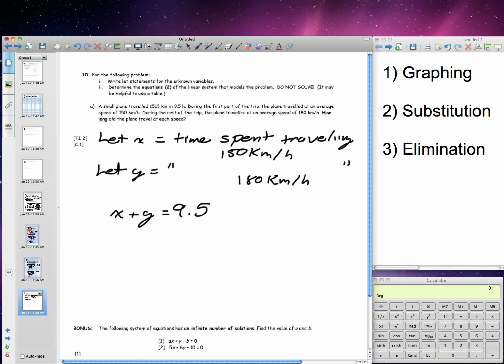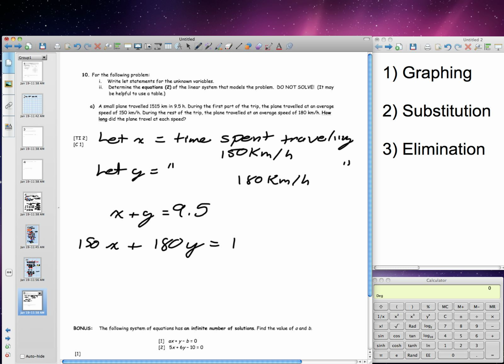Next, we're going to figure out the total distance. We know that the distance traveled at 150 kilometers an hour plus the distance traveled at 180 kilometers an hour is going to be equal to the total distance.